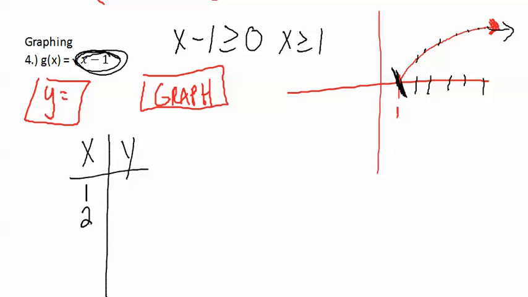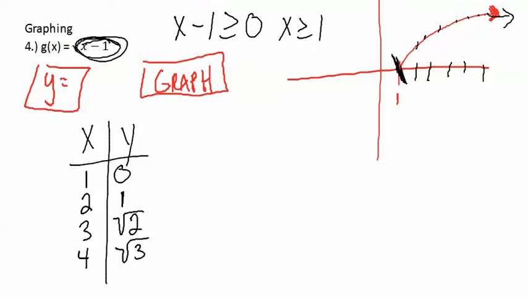So x equals 1, 2, 3, 4, and then I just plug in from there. So 1 minus 1 is 0. 2 minus 1 is 1. Square root of 1 is 1. 3 minus 1 is 2, square root of 2. And then we have square root of 3. If I did 5, we had square root of 4, which equals 2. And then you can just plot those on the graph.